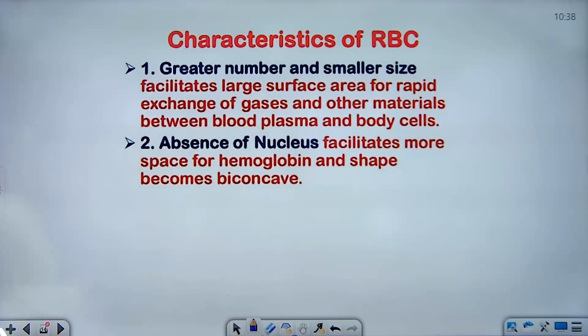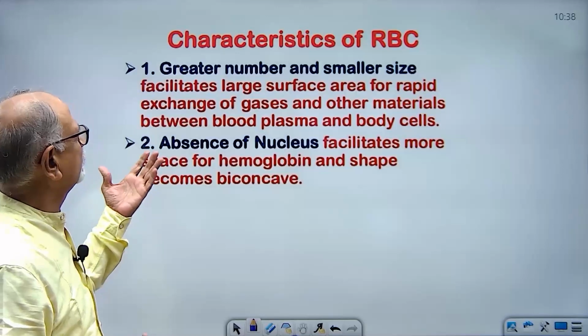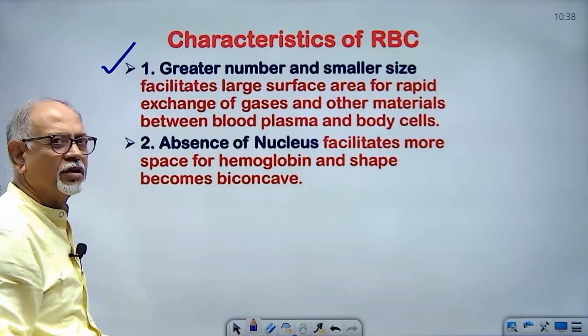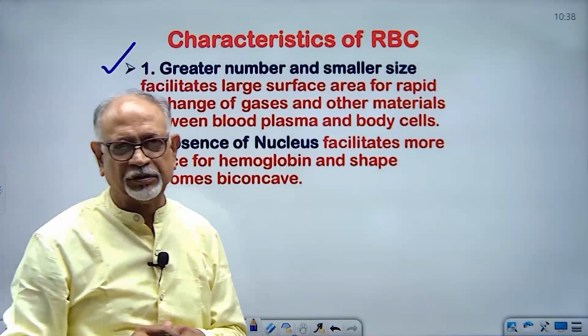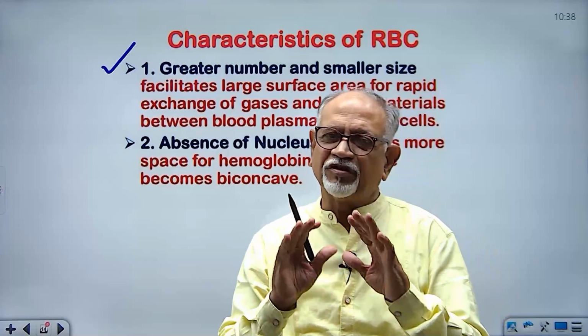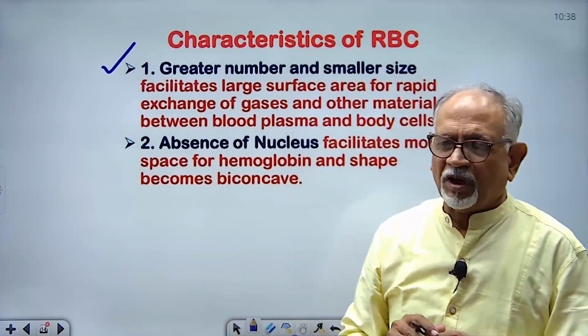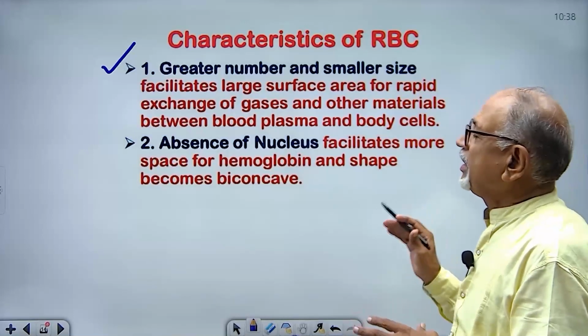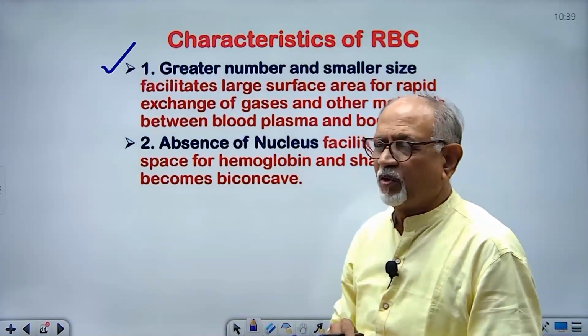Now, characteristics of RBC. The first and foremost characteristic is their greater number and smaller size. As you know, the number of RBC is the maximum in our body. Secondly, their size is small.